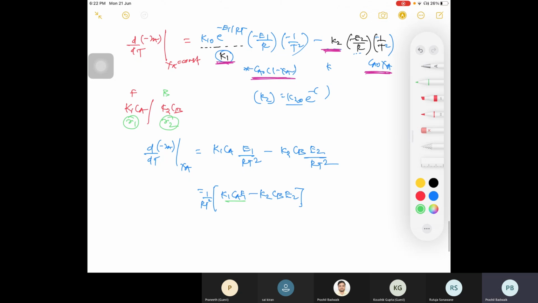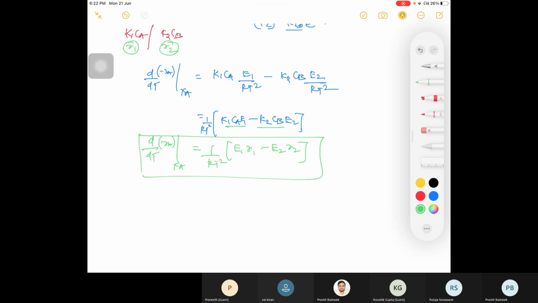So you will be having 1 upon RT square, E1 R1 minus E2 R2. Are you getting this? d by dt of minus Ra at fixed conversion. These are the steps, you don't need to remember this. This is just for concept clearing. For reversible reaction, you will get this kind of equation.